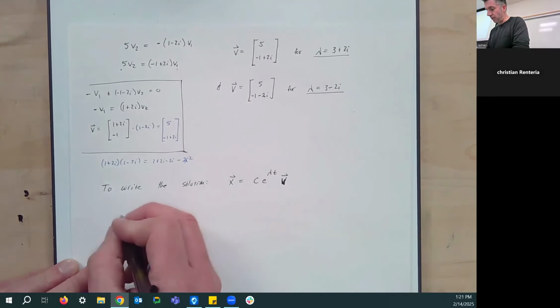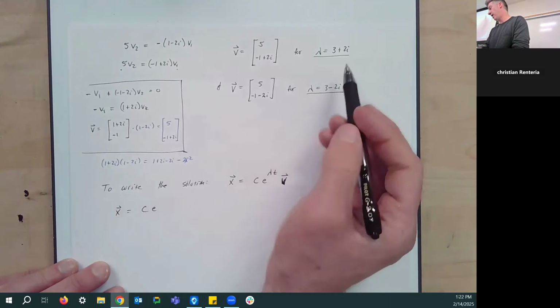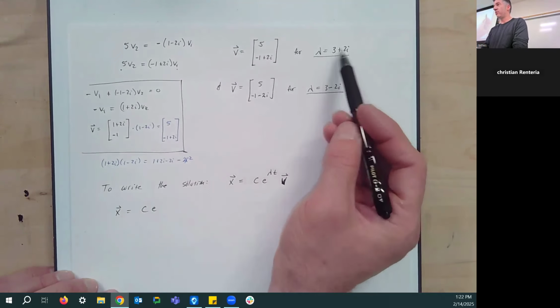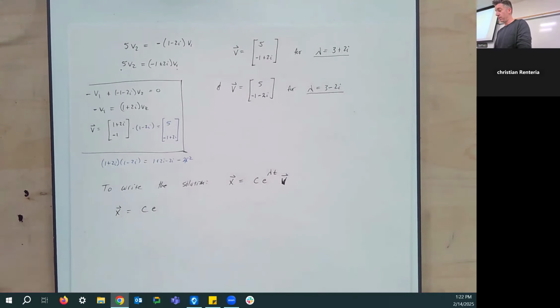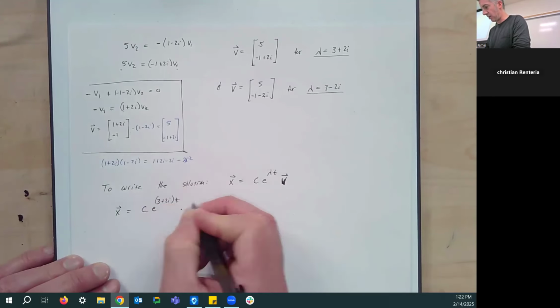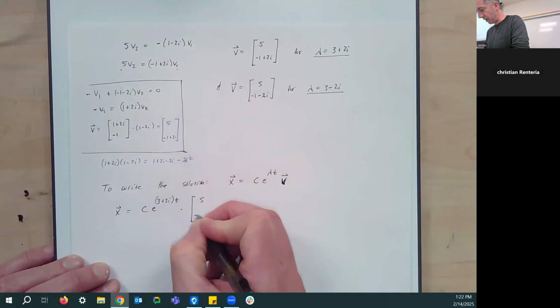So this is going to be x bar equal to c e to the, I like using the one with the positive imaginary part, but it doesn't actually matter which piece you pick. So it's going to be e to the (3 plus 2i) times t times our eigenvector, which is 5, negative 1 plus 2i.